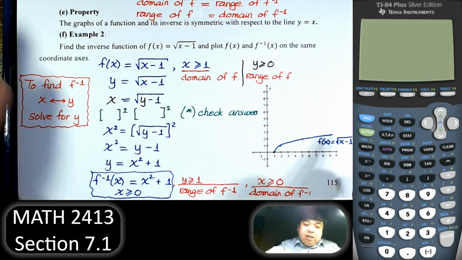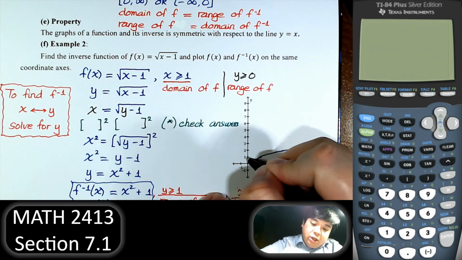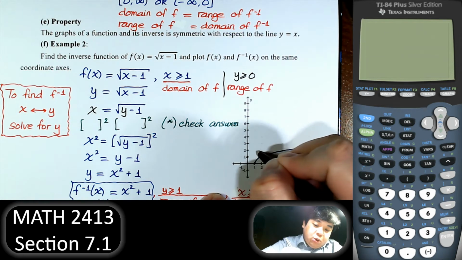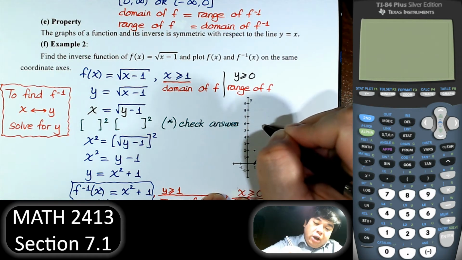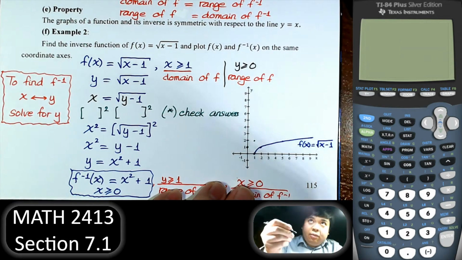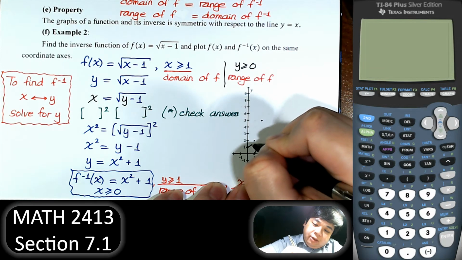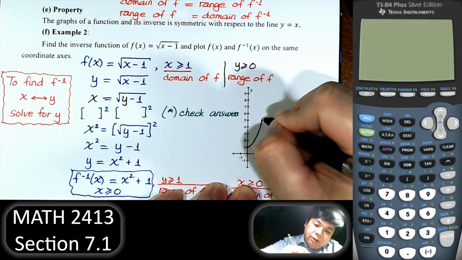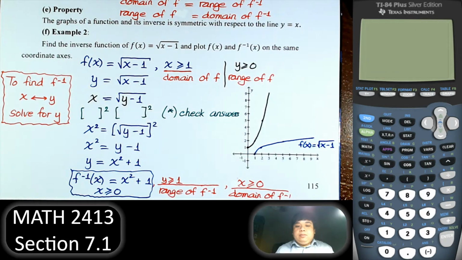And for the inverse, I'm going to graph this for x greater than or equal to 0. When x equals 0, y equals 1; x equals 1, y is 2; x equals 2, 2 squared plus 1 is 5. So the graph looks like that.